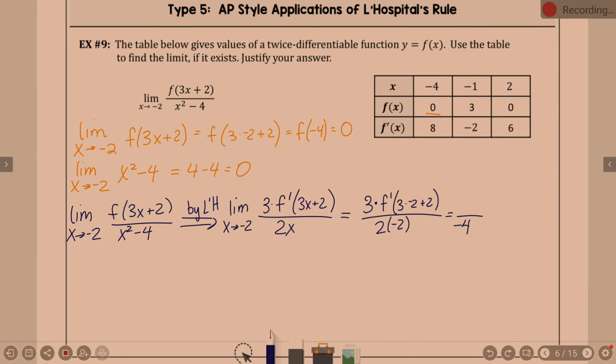Numerator is going to be 3 times f prime of negative 4, if I did my math correctly. So 3 times 8 divided by negative 4. Negative 6. Okay. So there's a chart option, right? Remember, when they give you that f prime, or when you take that derivative and say f prime, don't forget to do the derivative of the inside there.